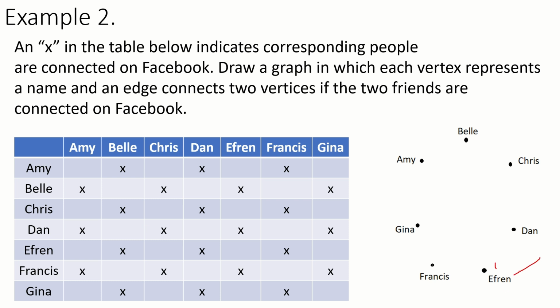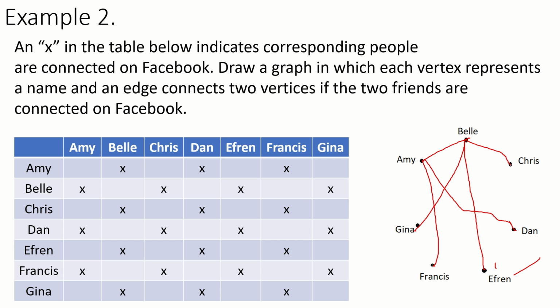Okay, so we have here Amy and Belle are connected. Amy and Dan are connected. Amy and Francis are connected. Next, we have Belle and Amy, so we're done. Belle and Chris. Then we have Belle and Efren. So we have a connection here. And then we have Belle and Gina.